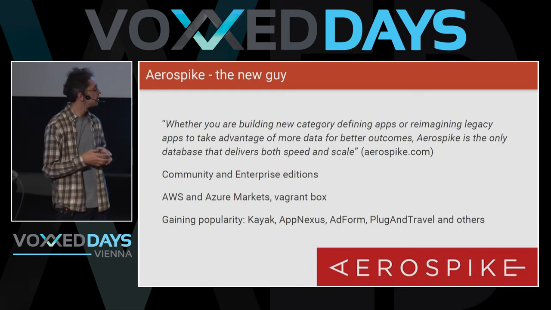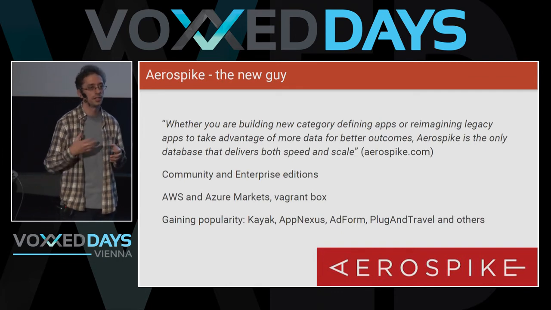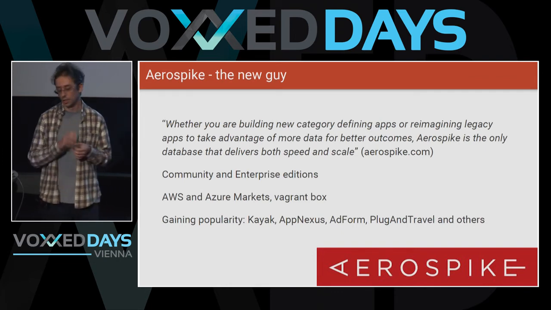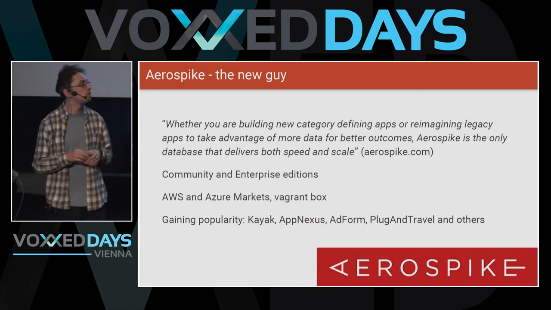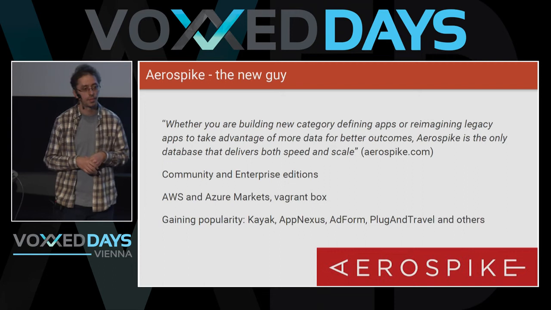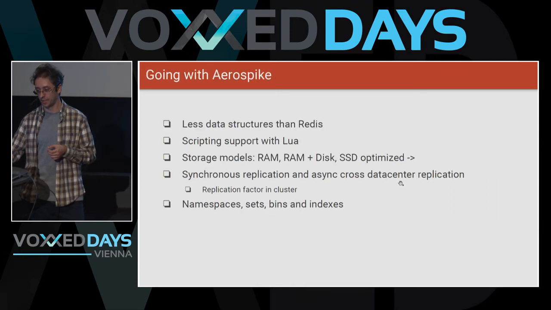And on AWS and Azure in the marketplace, you can find VMs already set up with Aerospike. So bringing one up is just a matter of minutes, and you can start playing with it and do tests and everything that you need.